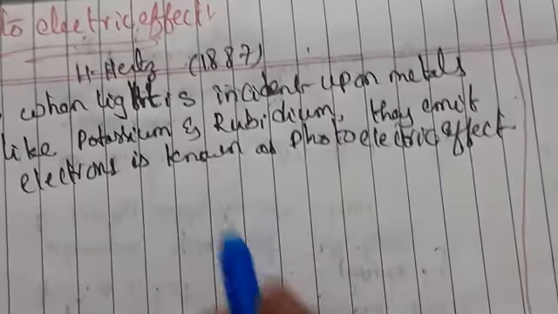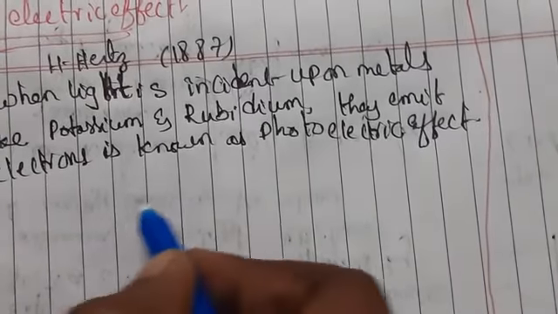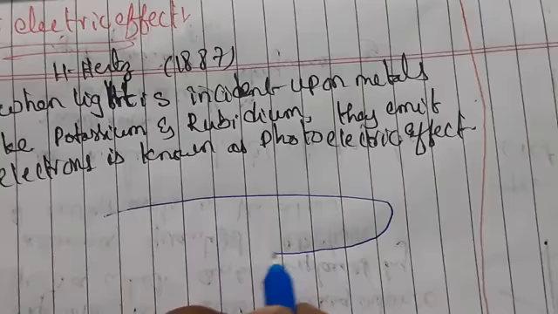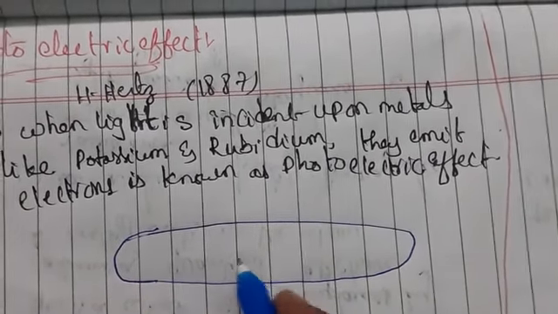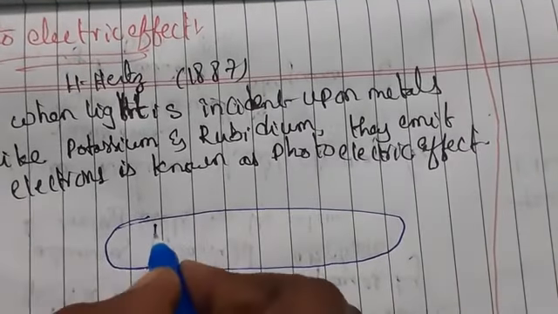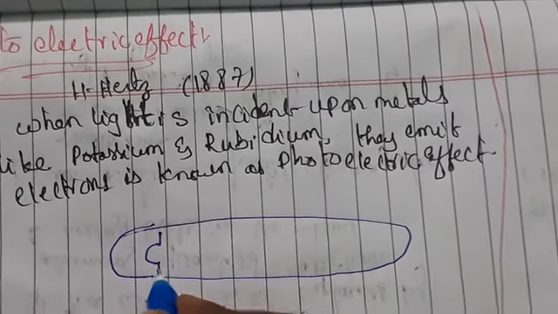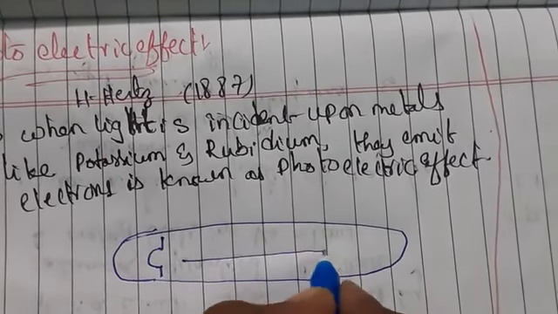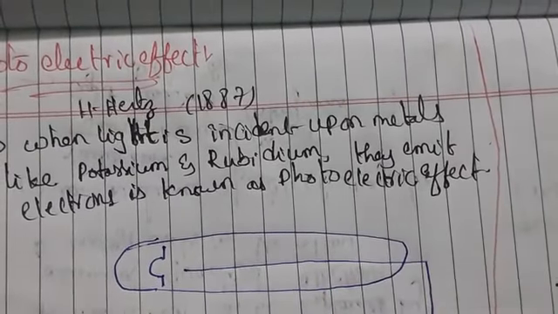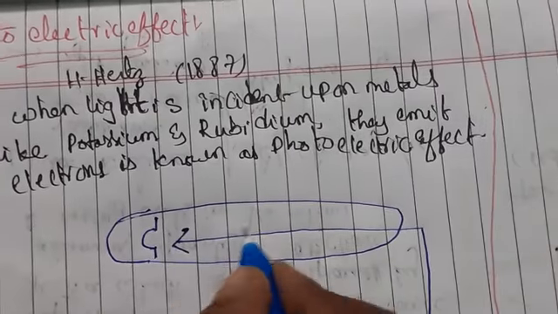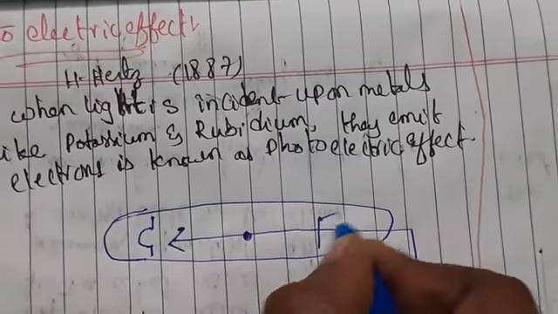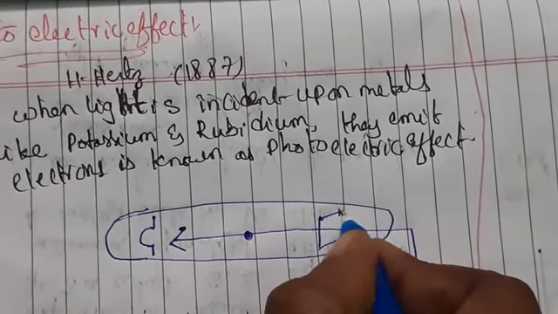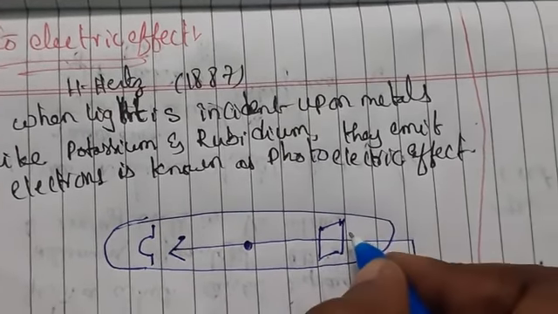So here let us take a tube, a vacuum chamber. See here clearly. This is a metal surface.